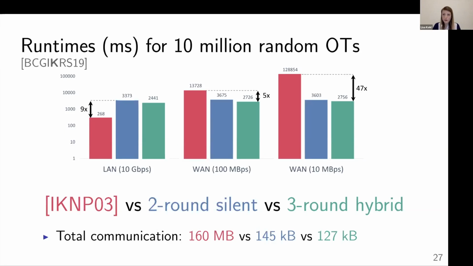So it's very sensitive to the network connection speed. And this is something that you don't have using PCGs with the silent OTs, the silent feature. As you can see, it almost doesn't change. It goes from 3.3 to 3.6 seconds. So you get almost a factor 50 improvement if communication is the bottleneck.